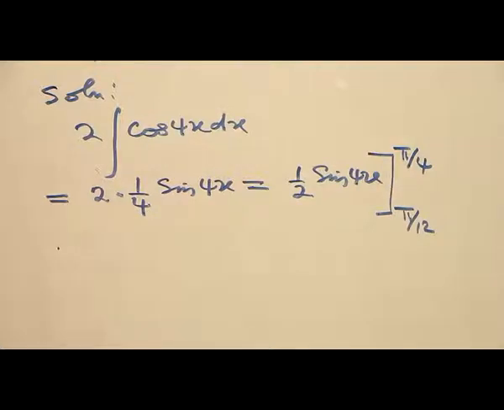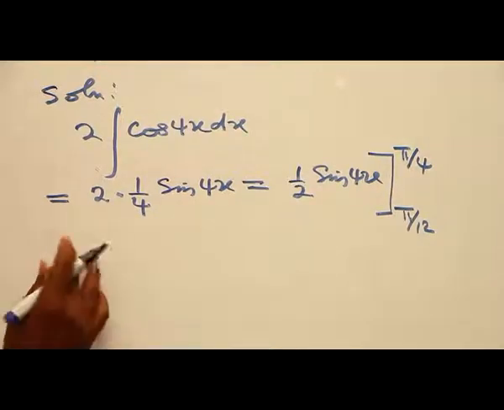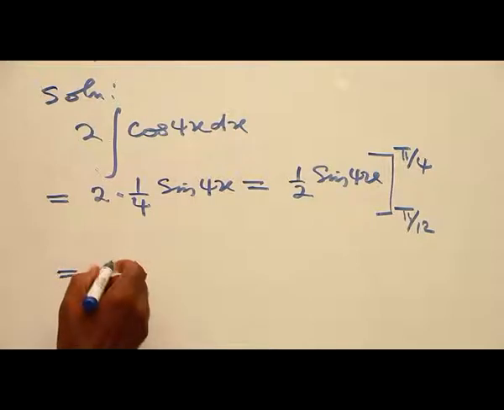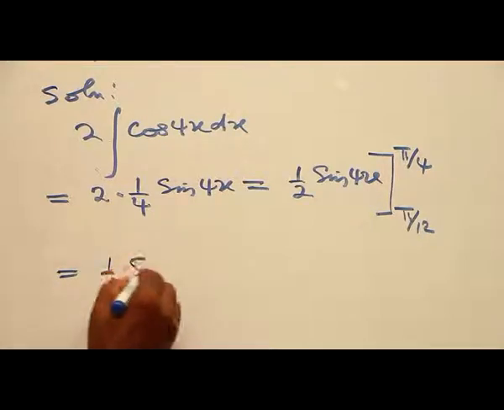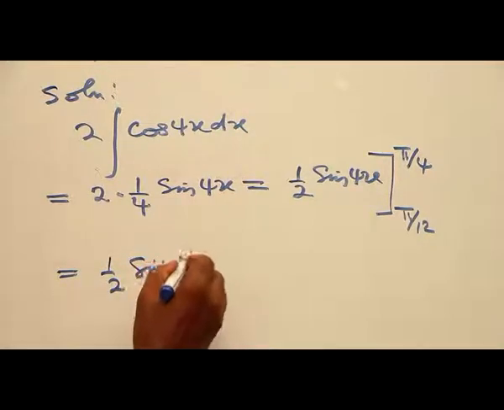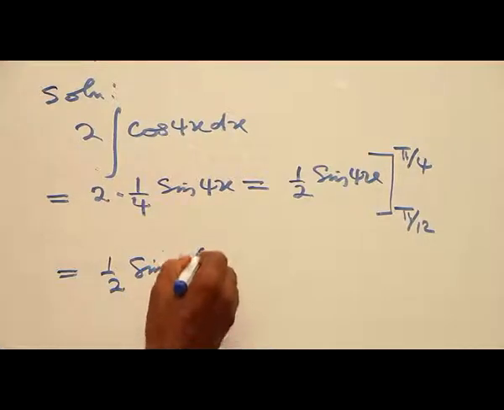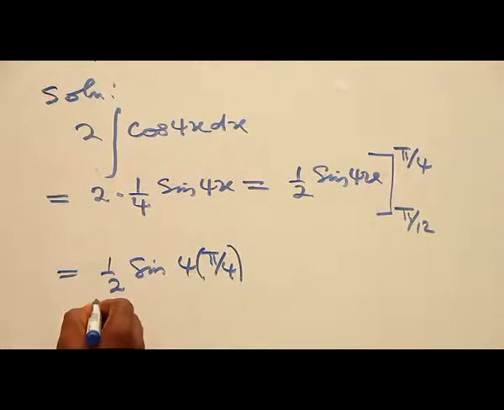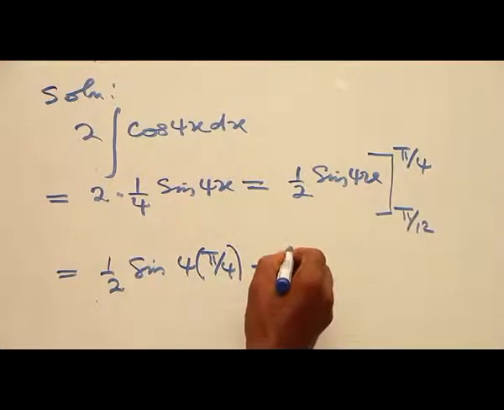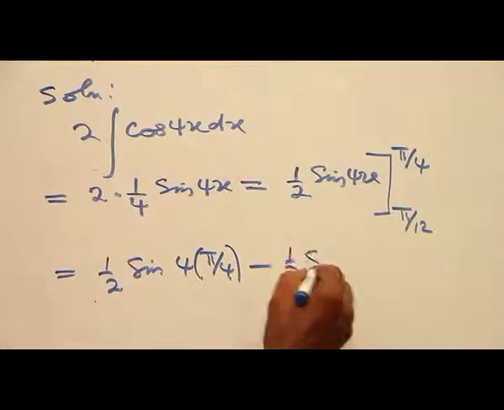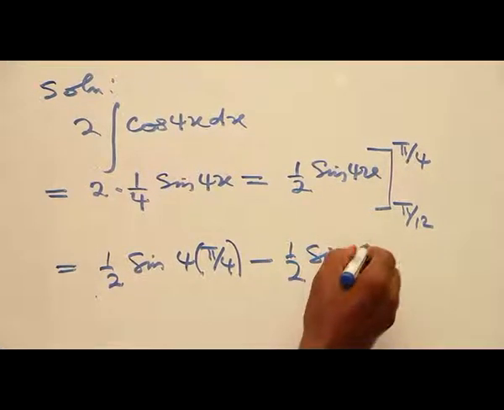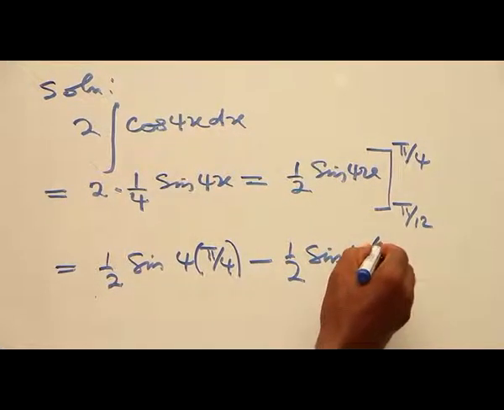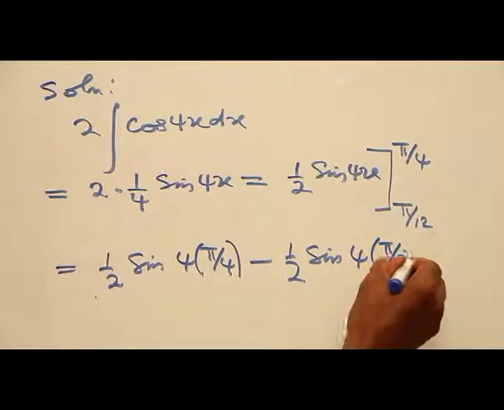Pi over 4 is the upper limit, so we now have this to be equal to half times sine 4, and our s is now pi all over 4. Everything here minus your half, and you have sine 4, our s is now pi all over 12.